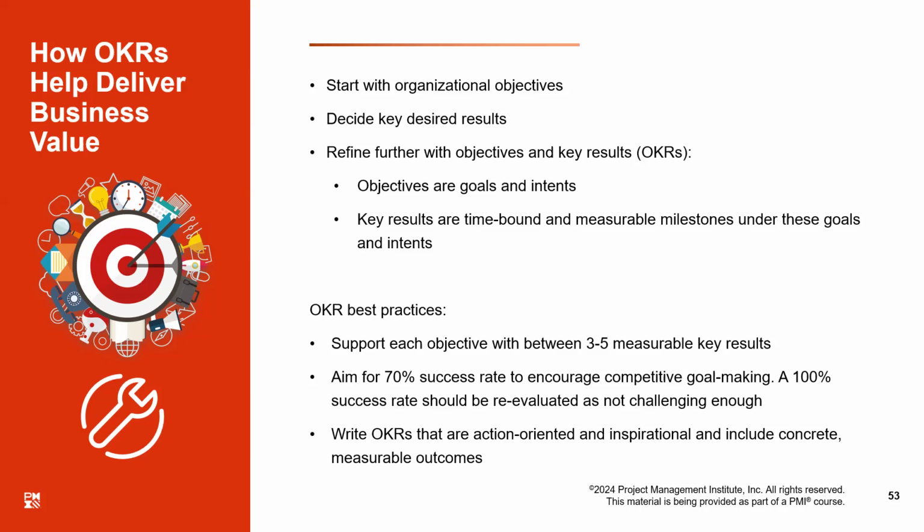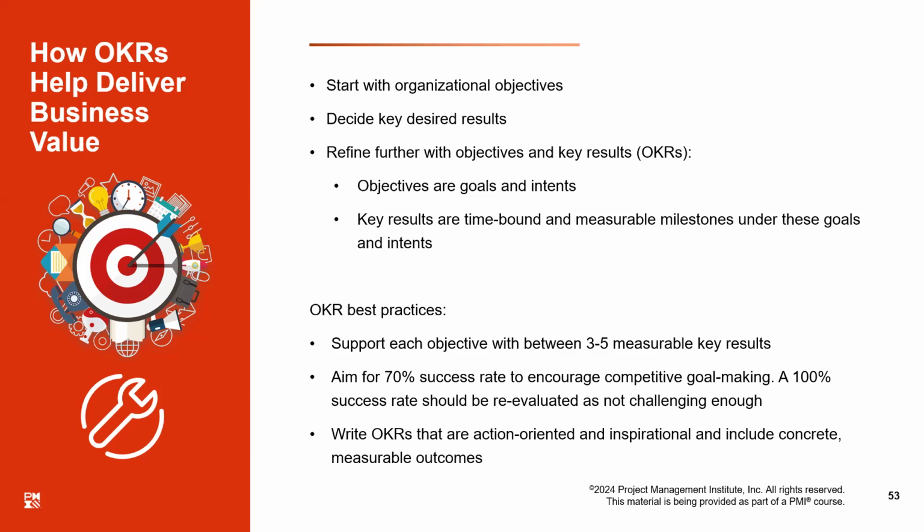Now, there are some best practices to use OKRs, and you will be rightly amazed on some of the things. First of all, it says that you must support your objective with only 3 to 5 measurable key results. If there is only 1 or 2 key results, that is not a representative result of achievement of that objective.